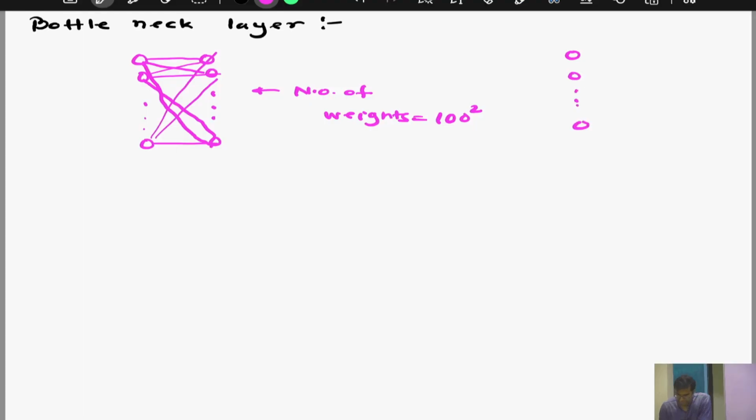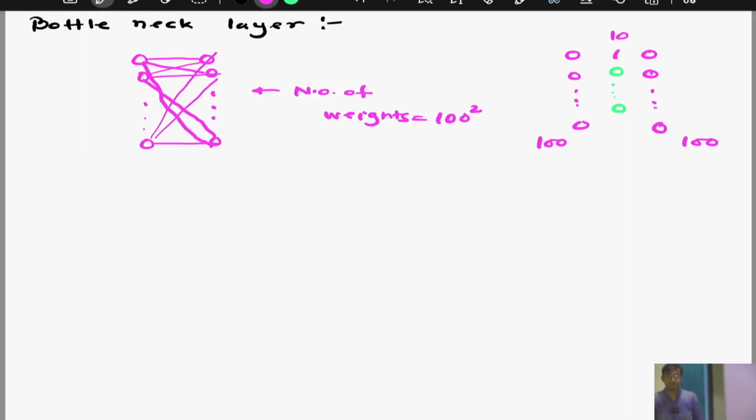Now, let us take the same layer and let us do something else. This is the L minus 1th layer, and then the Lth layer is there. In between, I add one additional layer. This was 100, this remains 100, and this is 10. So I added one more layer in between.